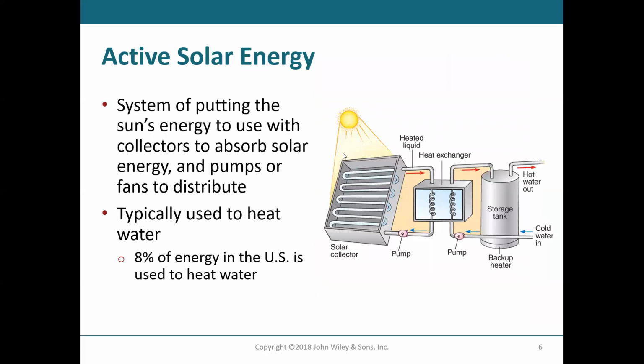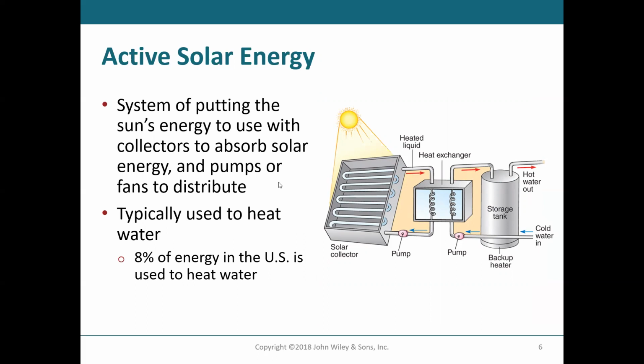Active solar energy is a system of putting the sun's energy to use, in which a series of collectors absorb the solar energy and pumps or fans distribute the collected heat.